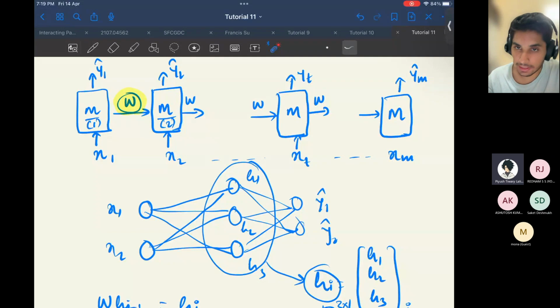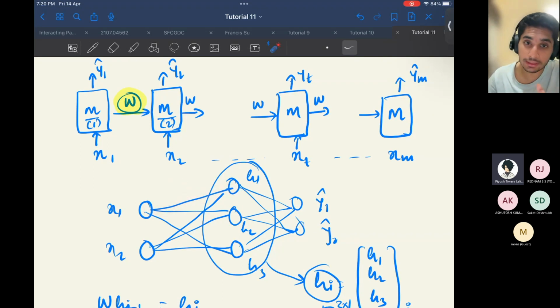If the weight of x1 to h1, this weight, at s5 is given to be 2, what will be the weight at s6, the sixth time instant?